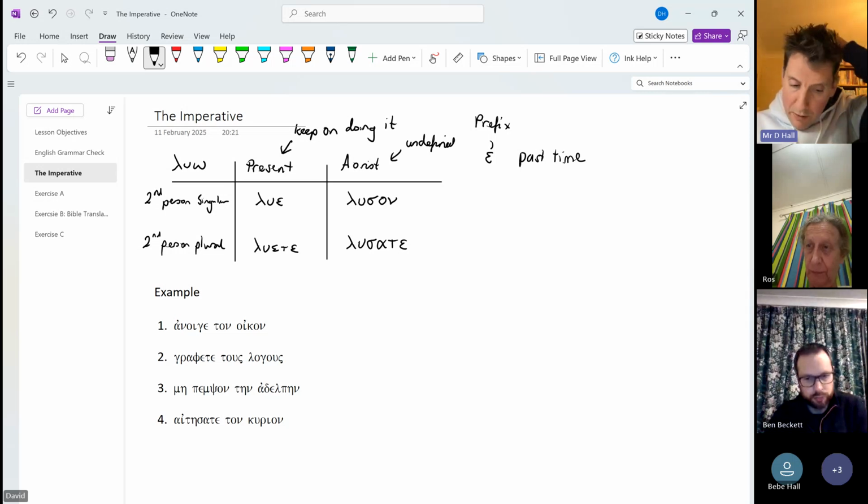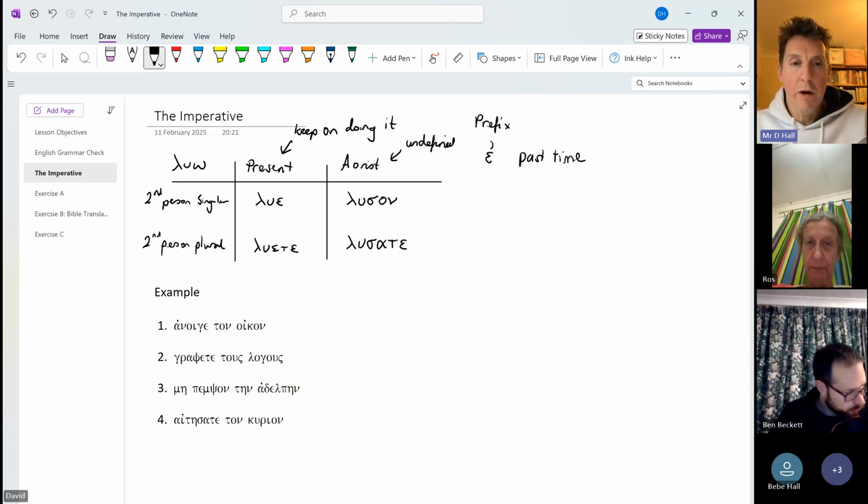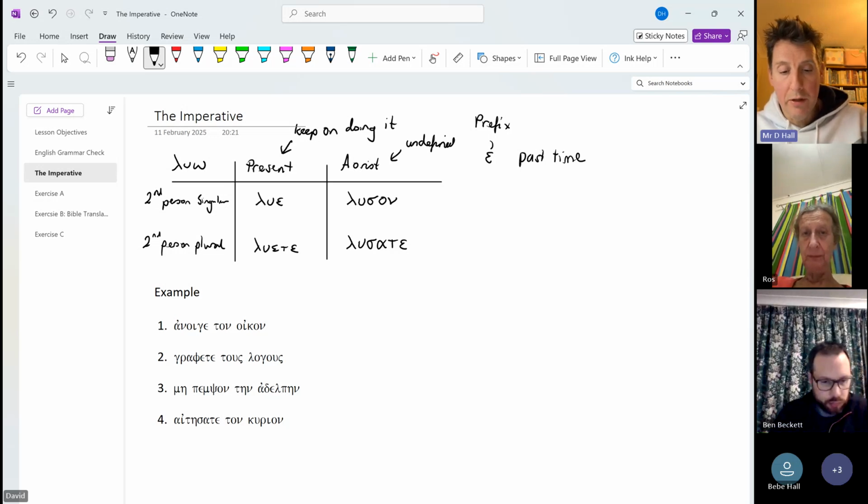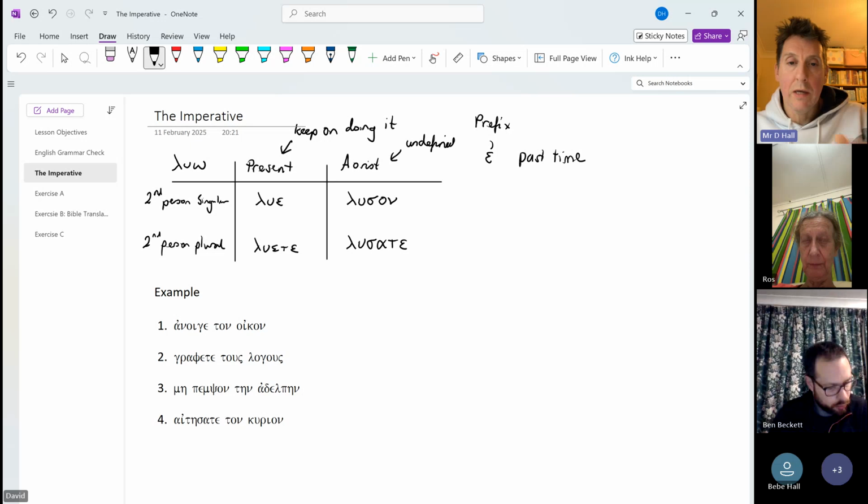Now I'll give a bit of that sort of case when we go through a couple of examples, but it's important to try to start to distinguish between why we have two tenses that are used in the imperative, the present and the aorist. Also, we're going to need to try and remember that it doesn't have an epsilon at the front of it, and if it doesn't, then it's not referring to past time, so it must be in another mood. That's really how we think about it.